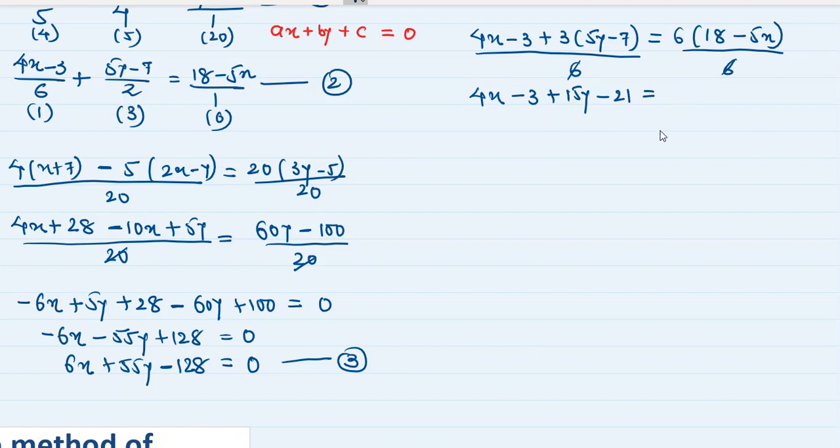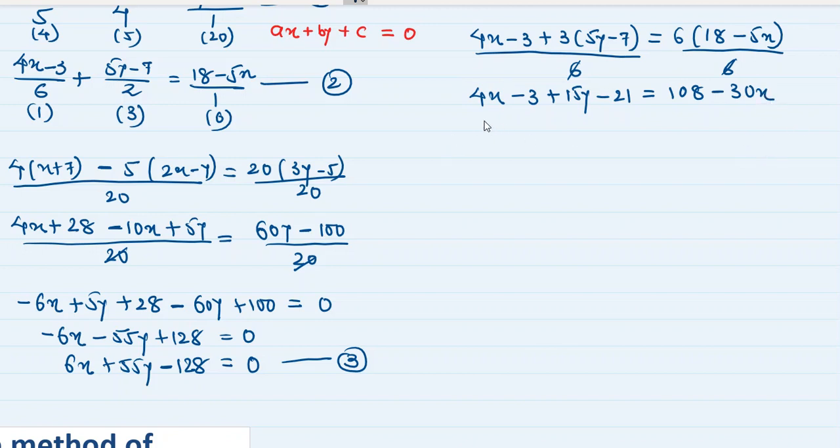18 6za. What is 18 6za? 18 6za is 108. I'm sorry, I don't remember the tables, very bad. Yeah, 18 6za is 108 minus 6 5za, 30x.